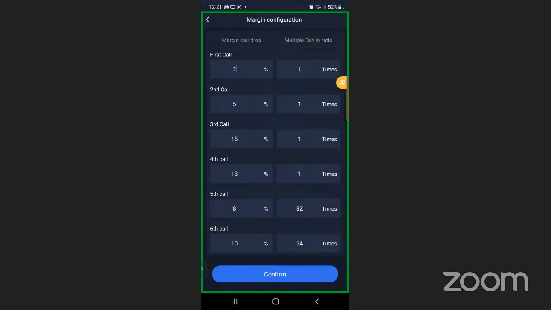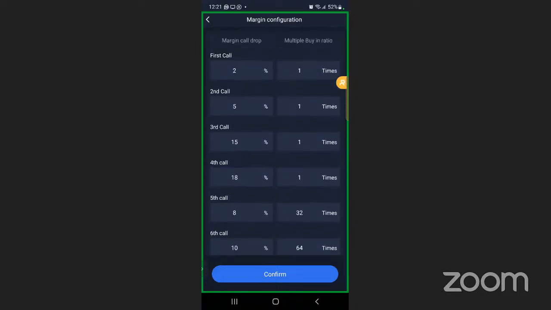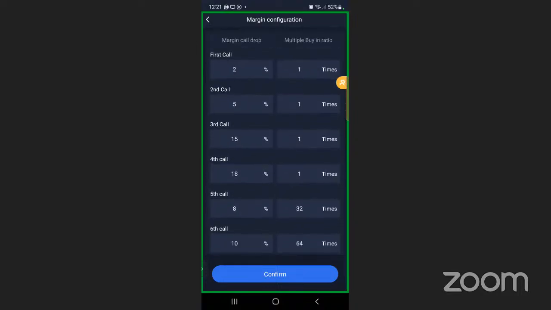The robot is calculating the percentage drop of a coin, and then it buys. For example, you can set your robot and say, if the market drops 10%, buy. If the market drops 2%, buy. If the market drops 8%, buy.